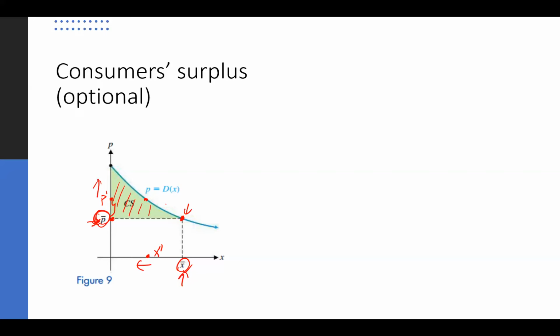Even if the product becomes more expensive, they will still buy it, but this is the range they saved. If we consider all the different cases, this is the surplus for this type of customer. If we add all these surpluses together, then we have the area of the green area, and this represents the consumer's surplus. So this is the money saved by the consumers.